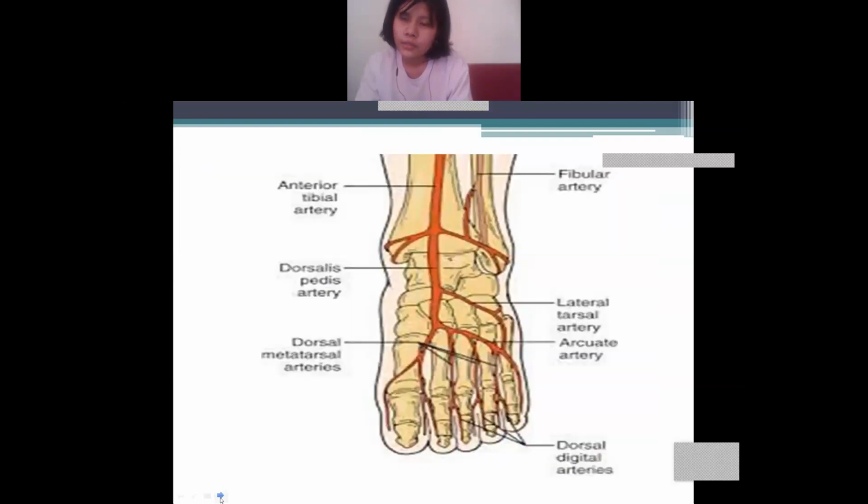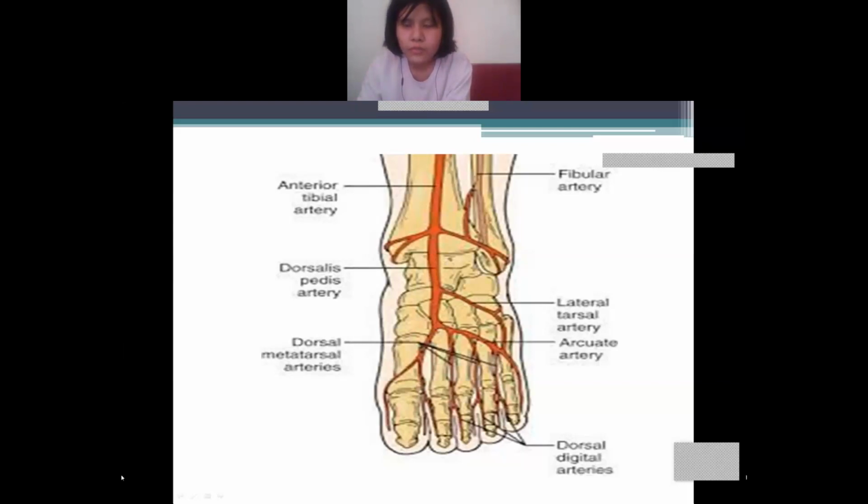It lies in the dorsum of your foot, and in this area also you will be able to feel your pulse. Why? Because your blood flows over here. Understand? It supplies all these structures.